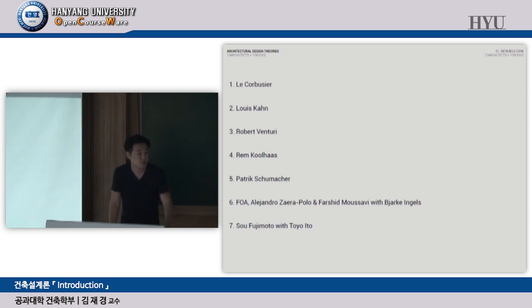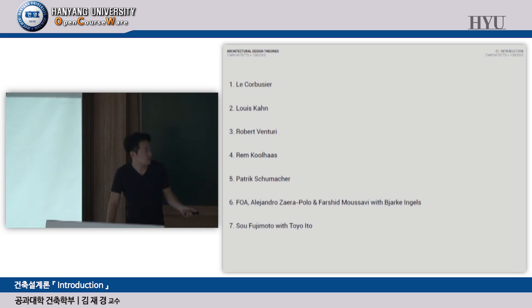He's Robert Venturi, you know his name, right? Robert Venturi is an American architect. His work is not that interesting, I mean, it doesn't look very interesting, but his writing and his books are very influential to contemporary architects. He's kind of the god of postmodernism.